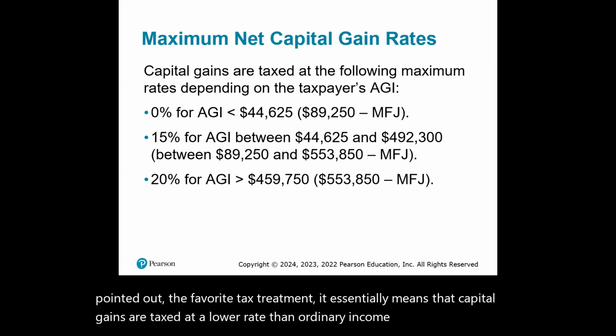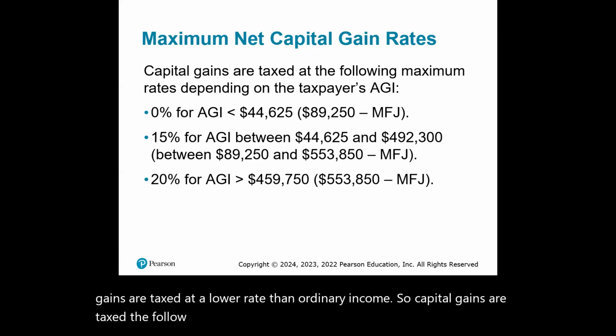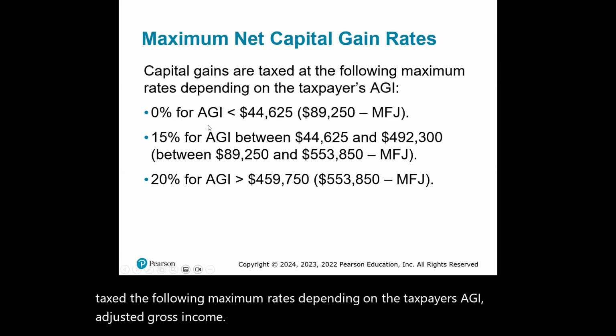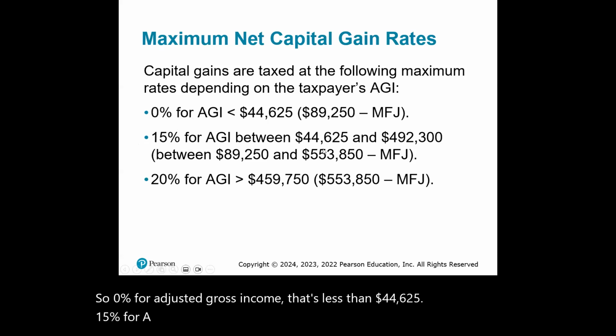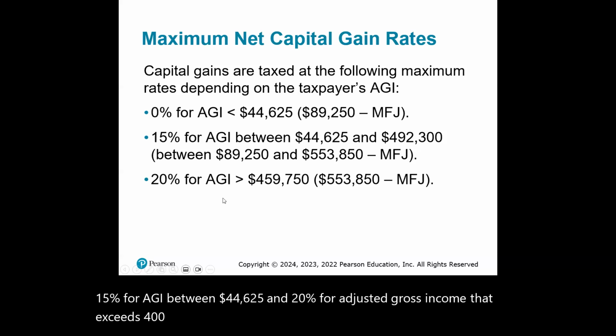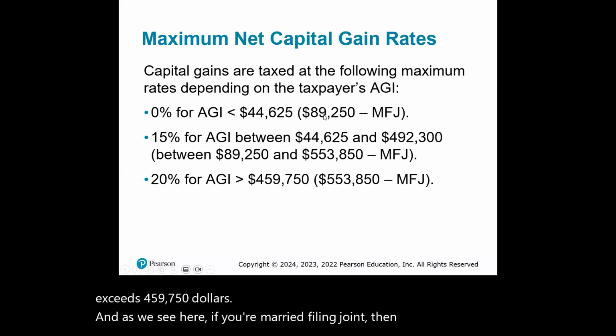Capital gains are taxed at the following maximum rates depending on the taxpayer's AGI, adjusted gross income: 0% for adjusted gross income less than $44,625, 15% for AGI between $44,625 and $459,750, and 20% for adjusted gross income that exceeds $459,750. And as we see here, if you're married filing joint, then those numbers increase.